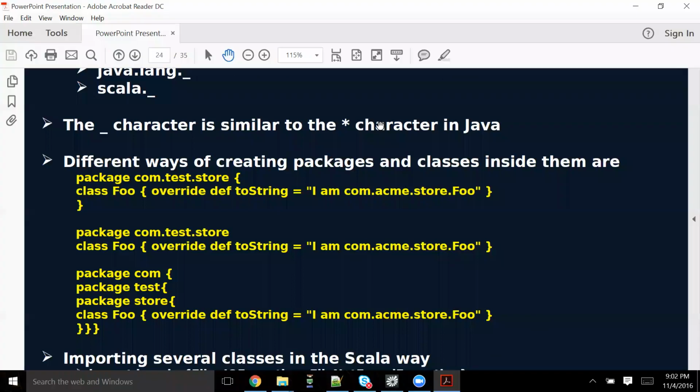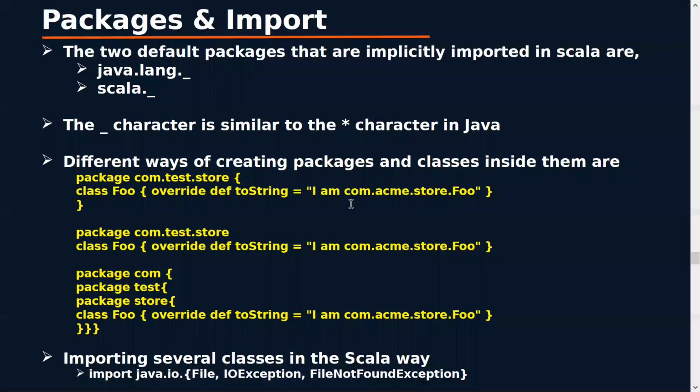So that way you can use your package and import statements. And unlike Java, Scala also gives a flexibility that in the same line you can import multiple classes from the same package just by specifying the comma separator.